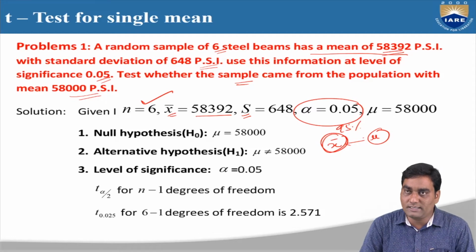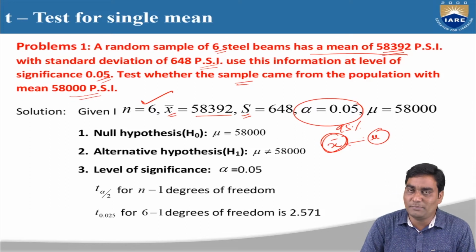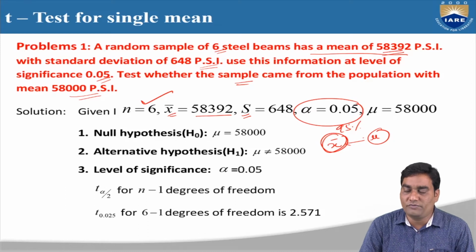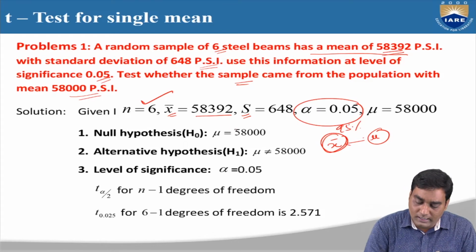Now, to test whether this sample came from the population or not, we have already discussed in the previous session the procedure of test of hypothesis. We have 5 steps: null hypothesis, alternative hypothesis, level of significance, test statistics and conclusion. We should follow this procedure. So first we are going to set up the null hypothesis, which is denoted by H naught.